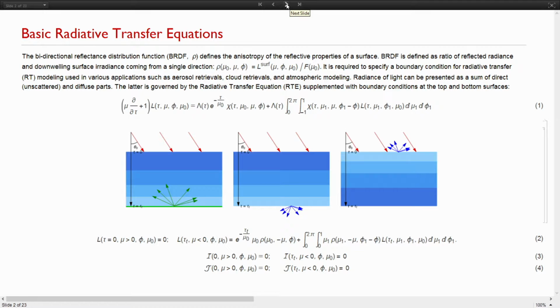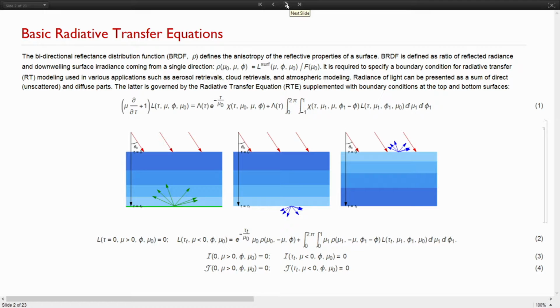The second problem is similar, but there is no reflection at the bottom. In this case, boundary conditions are given with equations 3. And the last problem is the same atmosphere, but flipped over. Atmospheric layers are just taken in inverse order. In this case, boundary conditions have the form of equations 4.